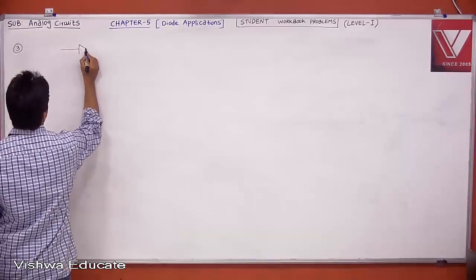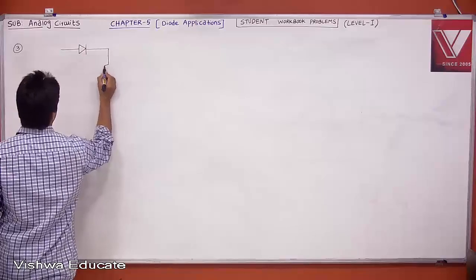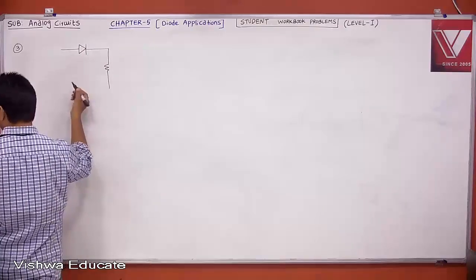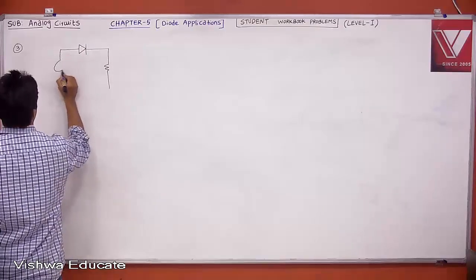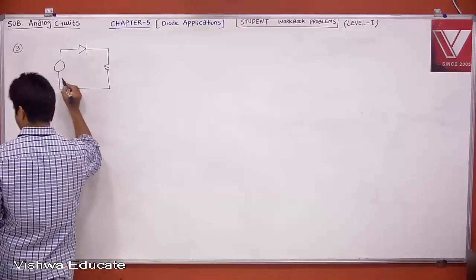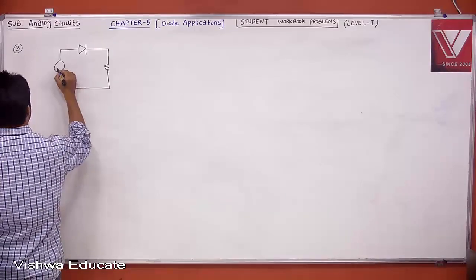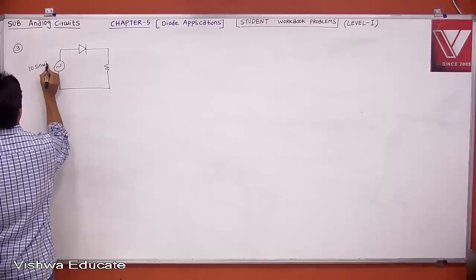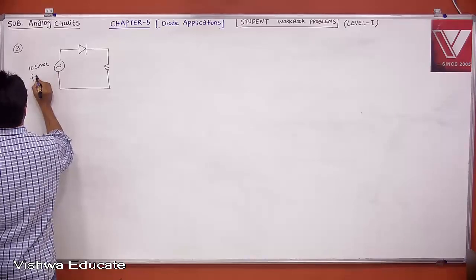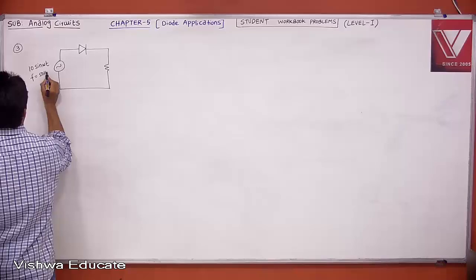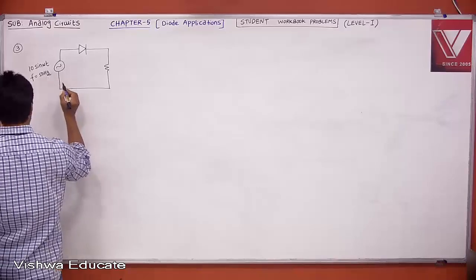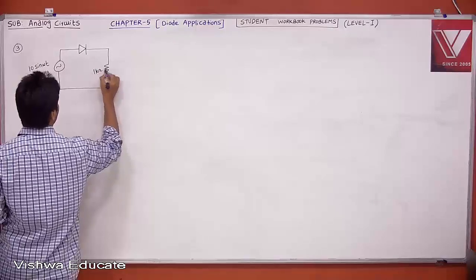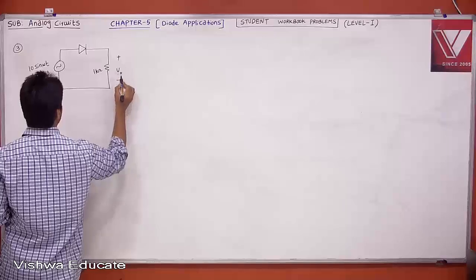The circuit has our PN junction diode and a resistor. This is GATE 2017. The source is 10 sin omega t, with frequency 50 Hz. This is 1 kilo ohm and this is your V0.